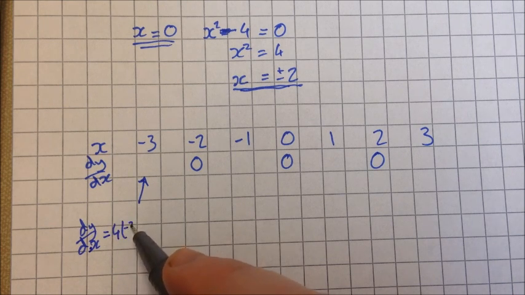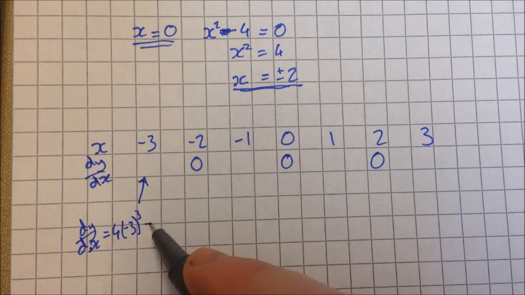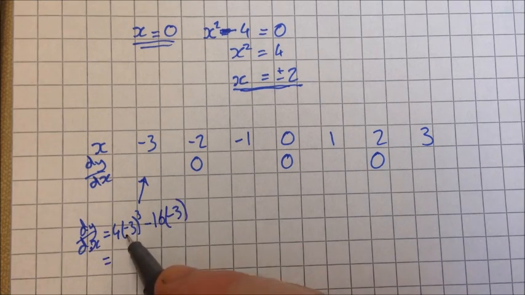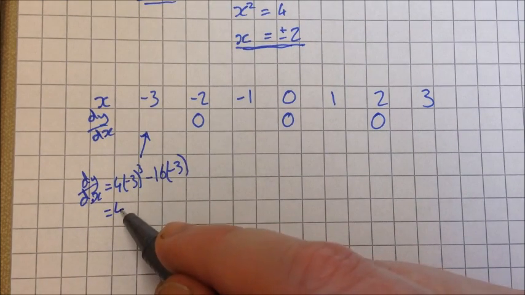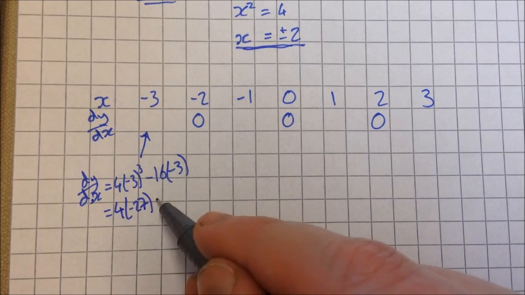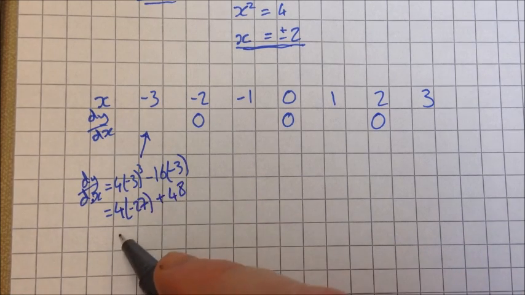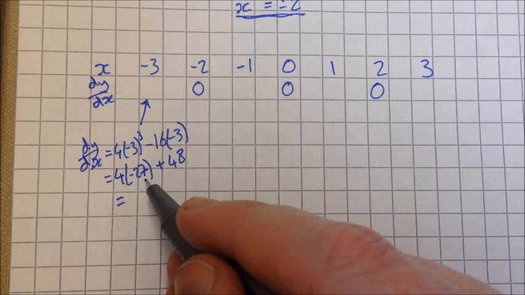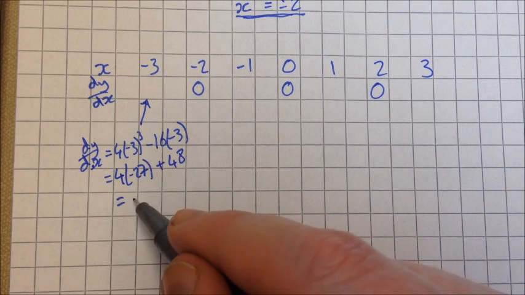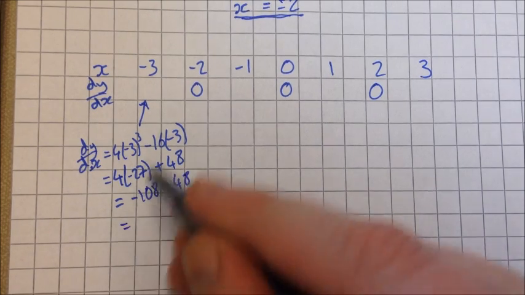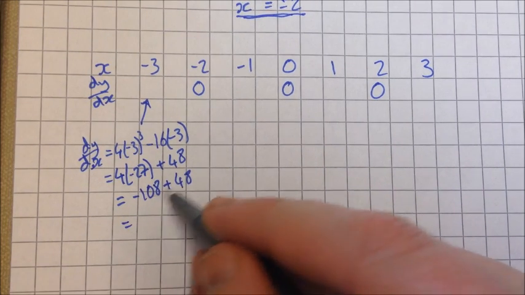dy dx, 4 lots of -3 cubed, take away 16 lots of -3. So that'll be 4 lots of -27 plus 48. Now I can already see this is going to be negative. I know 4 lots of -27, what's that? -108. It's going to be much bigger than our 48, and the point is that we know whether this is positive or negative.